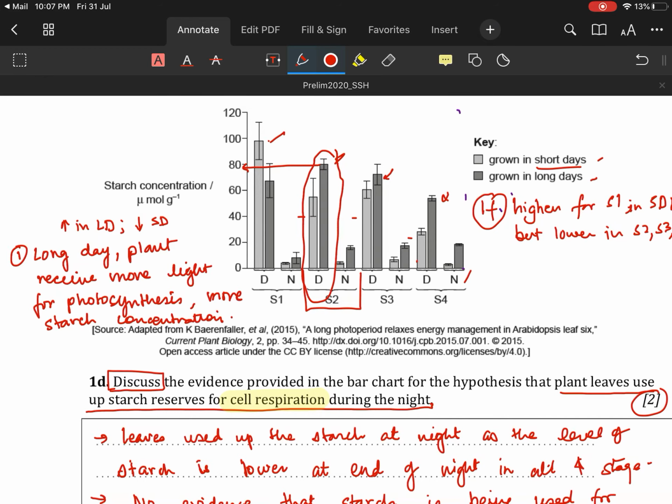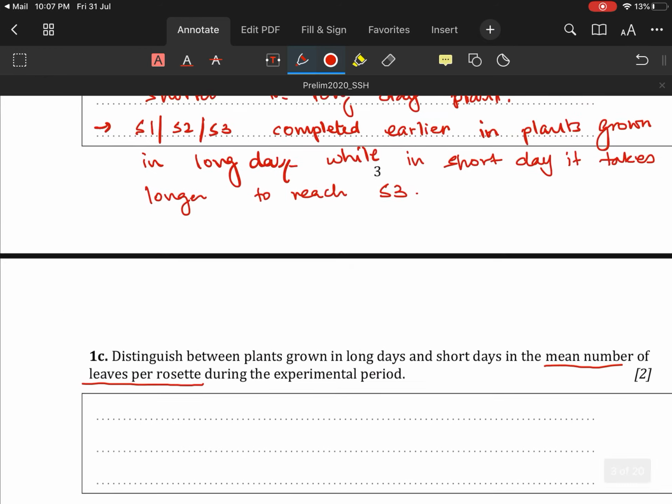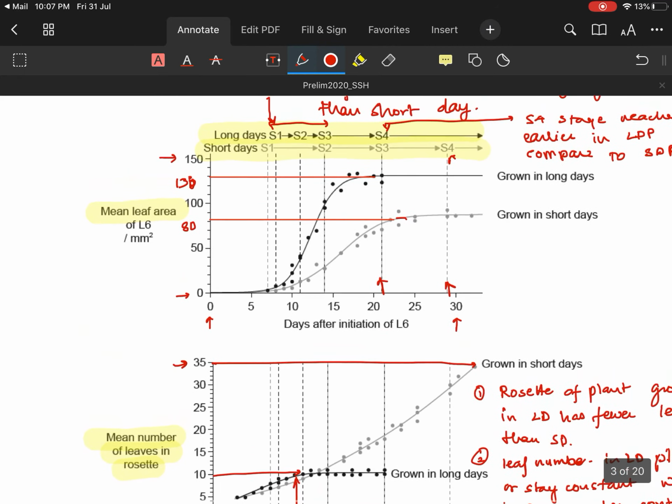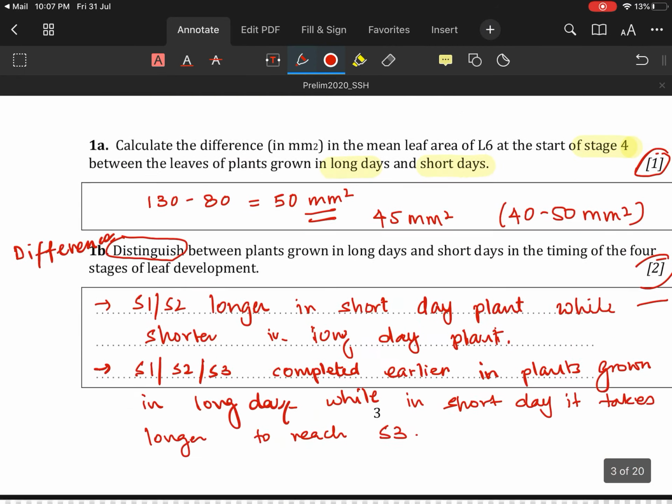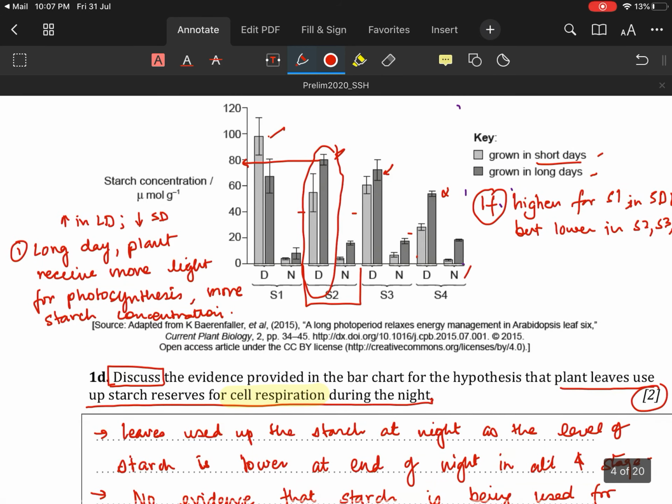You can see that. Or you can attach it with the information of leaf area here. You can see the leaf area is more, so more leaf area, more concentration.